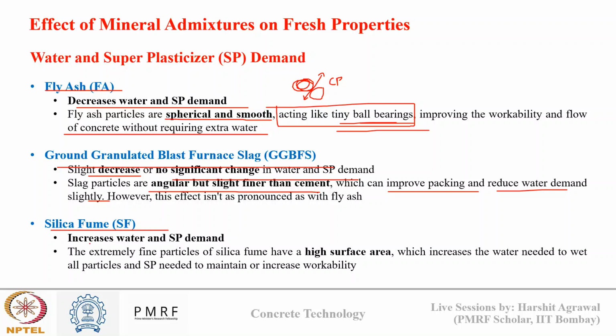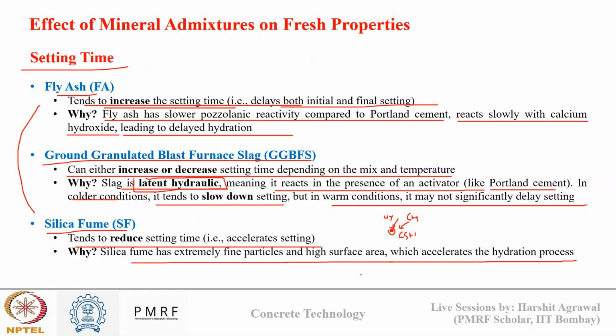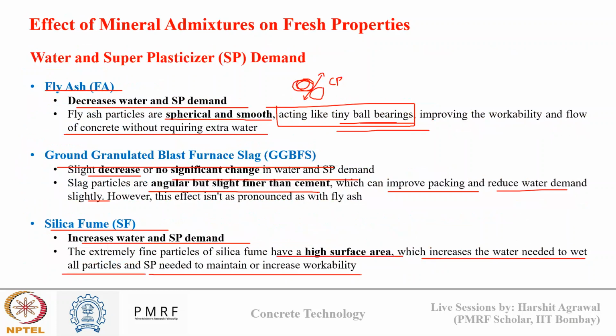And silica fume increases the water and SP demand. Why? Because of the high surface area of silica fume, which increases the water needed to wet all the particles, and thus it increases the SP demand for maintaining workability. Okay, so this is the difference between these SCMs for fresh properties like setting time, water demand, and SP demand.